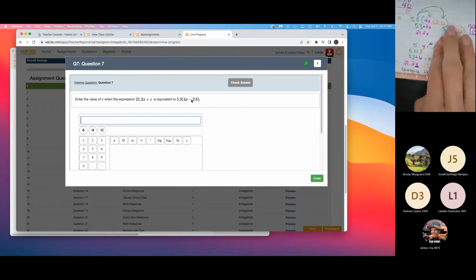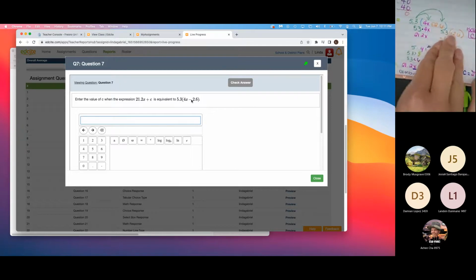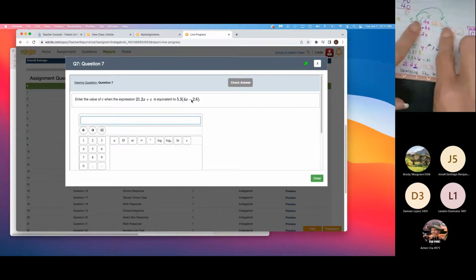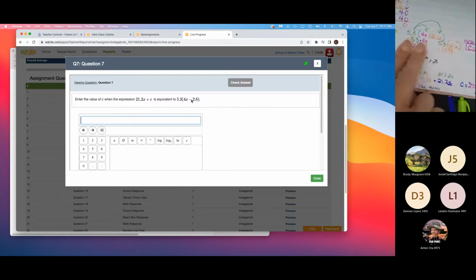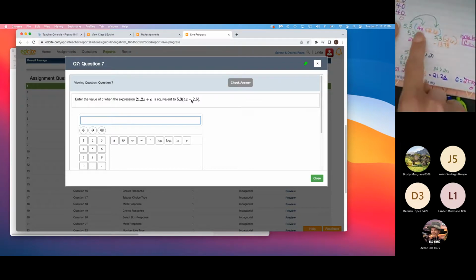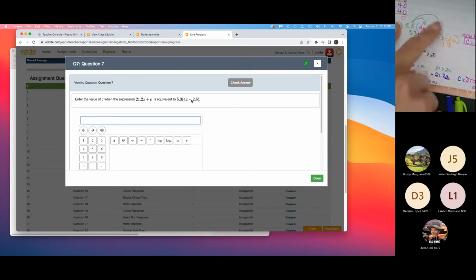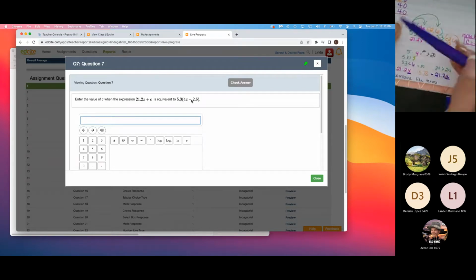I can't just get rid of x and say that it doesn't exist and then take 4 minus 2.6. So my parentheses, I can't do any more math inside of it at this point when I have 5.3 times the parentheses 4x minus 2.6. That's why I distribute the 5.3 through, meaning I multiply 5.3 times 4x.